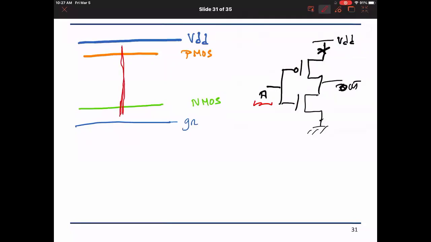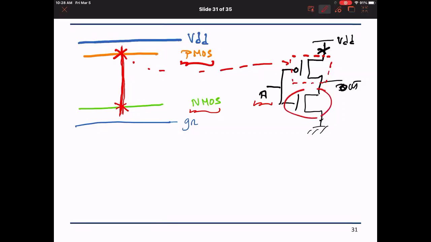What is happening when I send it from the NMOS to the PMOS? At this intersection I'm creating the NMOS transistor, and at this intersection I'm creating the PMOS transistor. I'm creating this from this intersection here, right? And I'm creating this also from this intersection here.